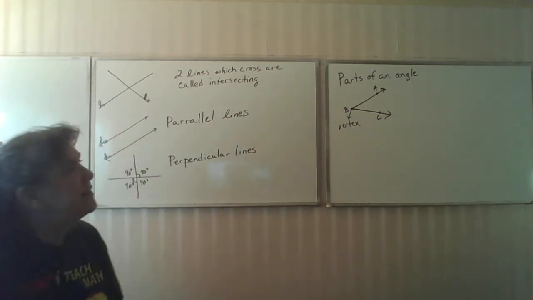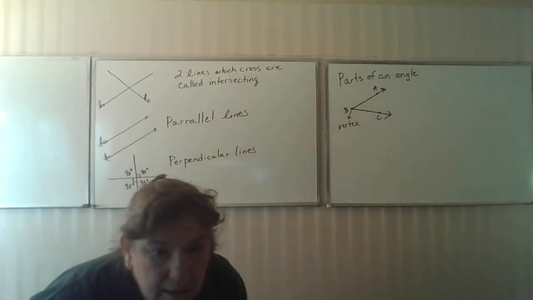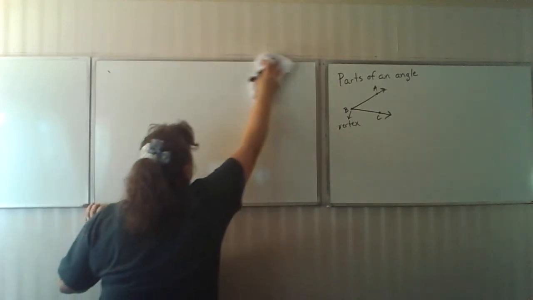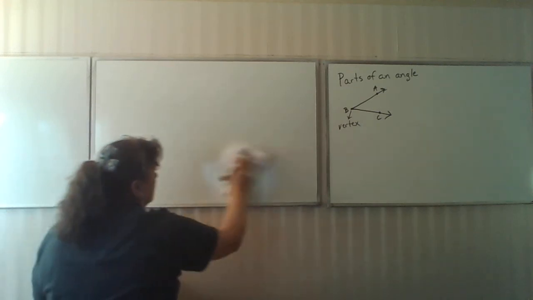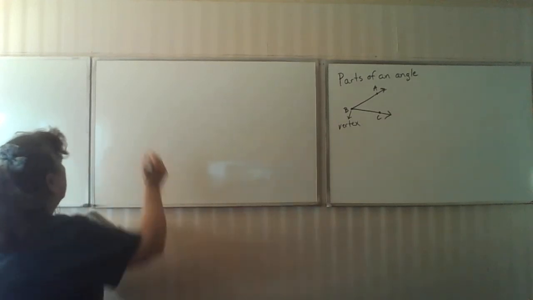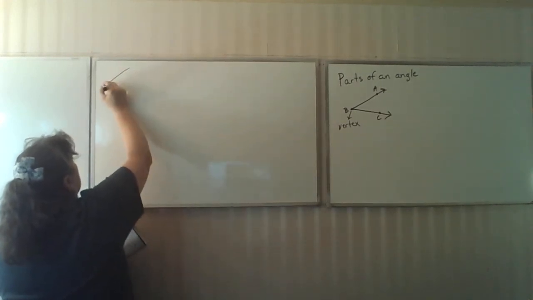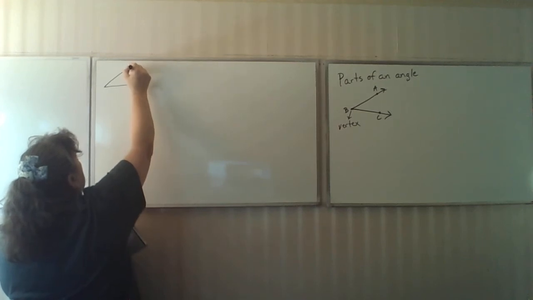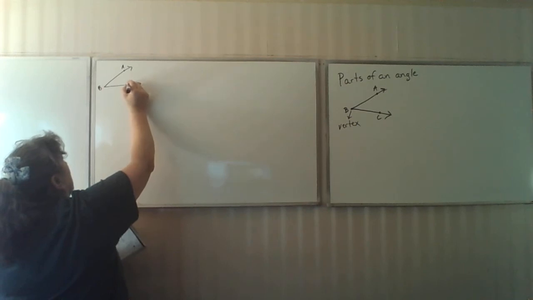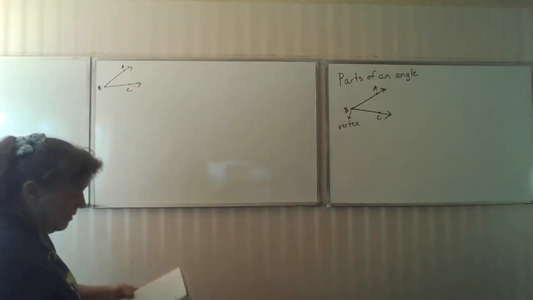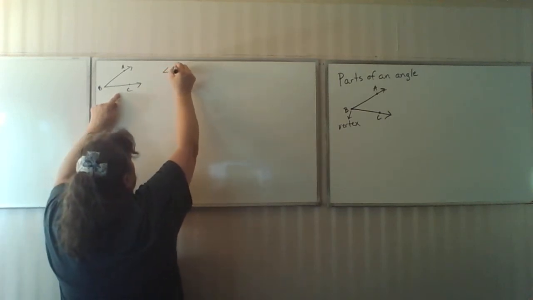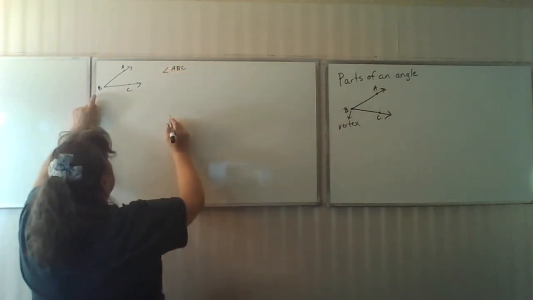So now let's look at different kinds of angles. Okay, we would label this angle as angle ABC, or CBA.